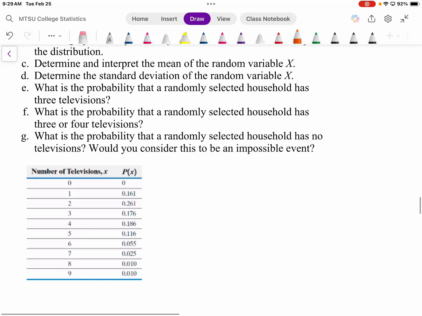All right, so first off, for part A, do we meet this case, that each probability is between 0 and 1? Looking at it, looks good to me. So yes, we met that case. Second case, is the sum of the probabilities equal to 1?